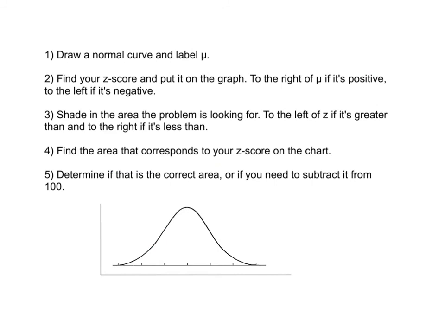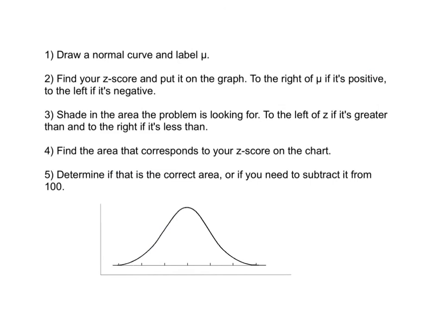Next, you're going to shade in the area that the problem is looking for. This is going to help you very visually understand, are we looking for the probability less than z occurring, or are we looking for the probability greater than z occurring? So you've got to shade in the appropriate region. Once we do that, we can then go ahead and look at the z-score on your chart. Now remember, the chart is going to be given to you.